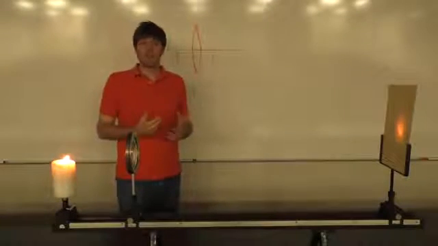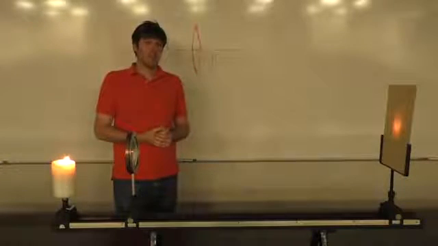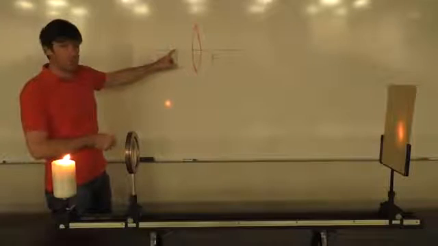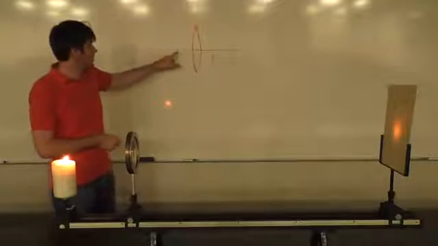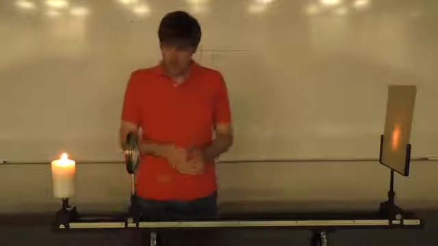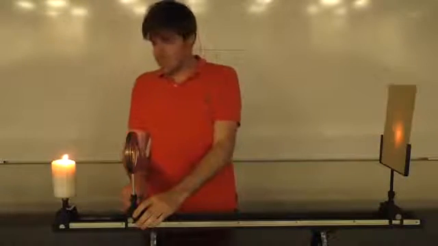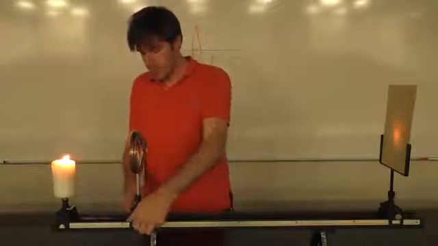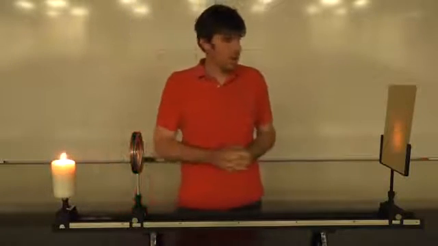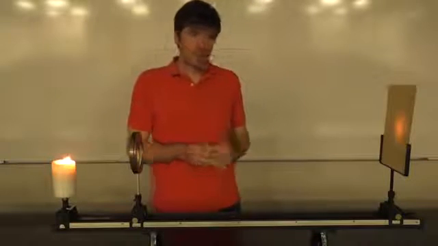Now in this scenario, we're going to analyze where the image forms when the object is placed somewhere between the radius of curvature and the focal length. So in this case, I've placed the thin lens somewhere just past the focal length so that the object is here, and we're going to find where the image forms.